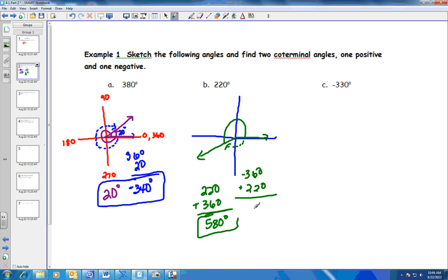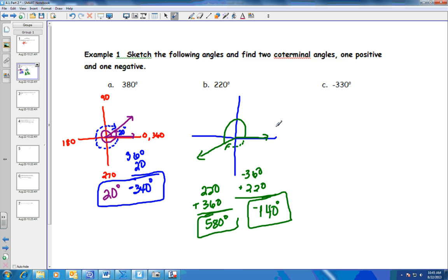So that's going to give me a negative 140. Okay, so another coterminal angle. Another way to name this angle is negative 140.